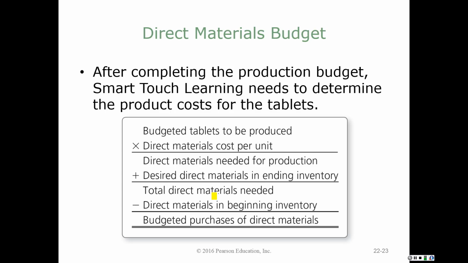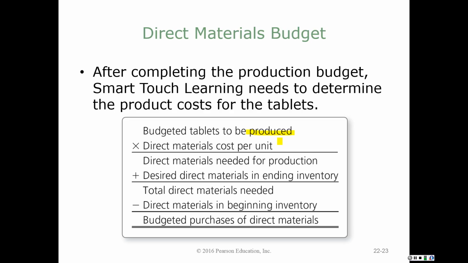So what did I tell you about that formula? It's going to move with us throughout the semester. So if I know the number of tablets that I need to produce, how much material do I need per unit? Okay, so your book goes right over the amount of materials that I need and simply takes you to the next step. What is the cost of materials per unit? And that's fine for what we will do in Principles of Accounting.